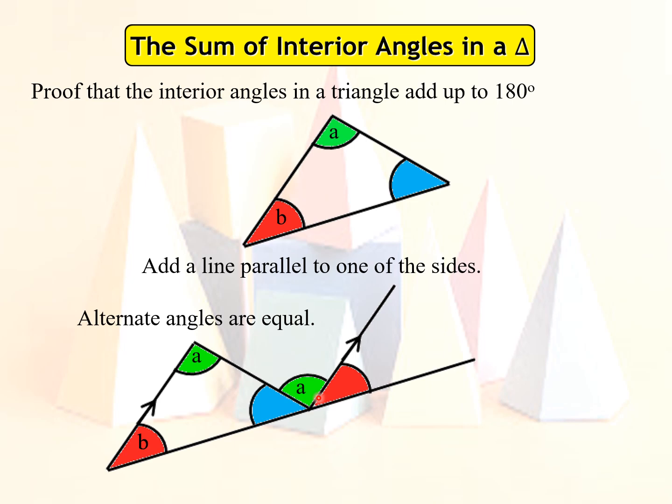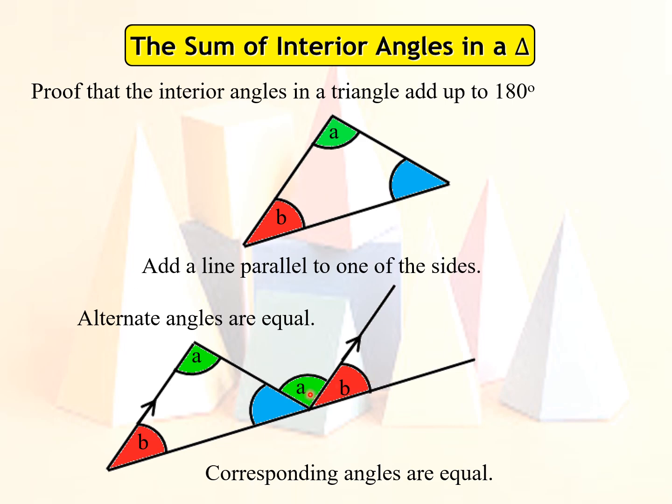The next thing we are going to have is the concept of corresponding angles. If two parallel lines are cut by a transversal, it means that corresponding angles are congruent.